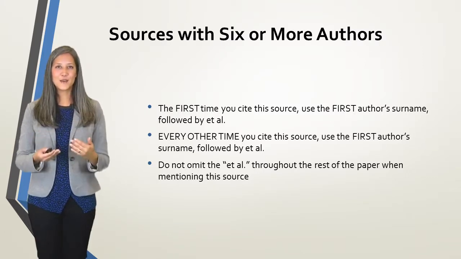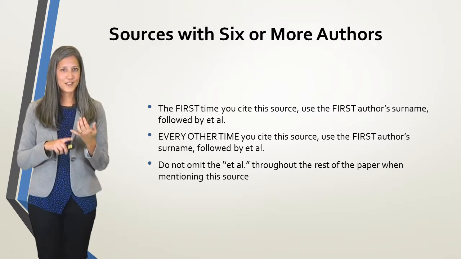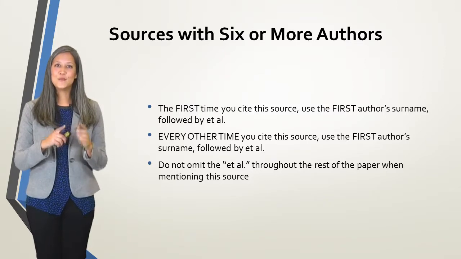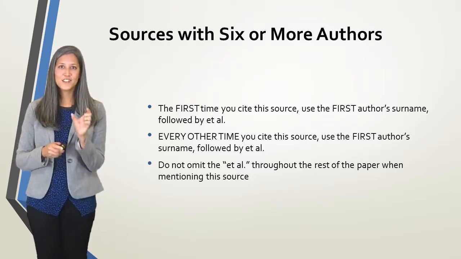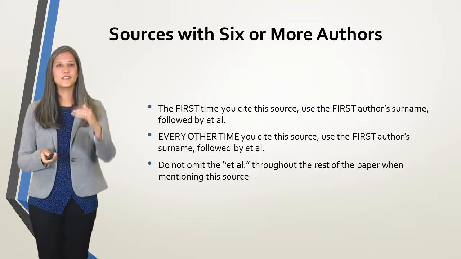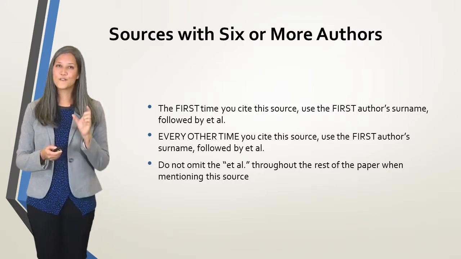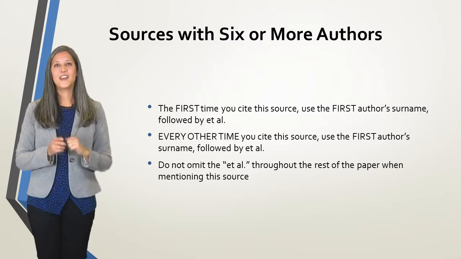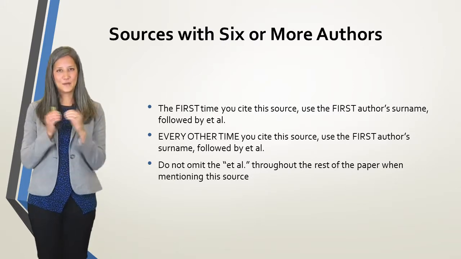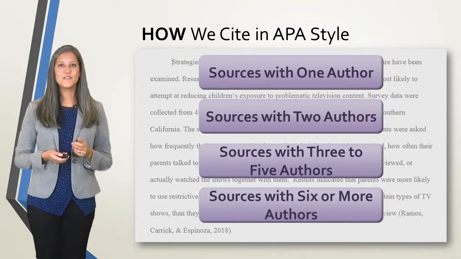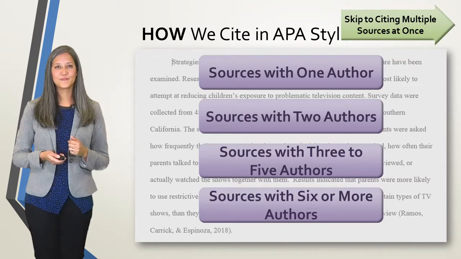Every single time you cite a source with 6 or more authors in your paper, the first time, the second time, the third time, and every other time, you mention just the first author's last name and then et al. Do this throughout your entire paper. Use the first author's last name plus et al. And as always, your author and date must be kissing. Click on the button below to see the different citation styles.